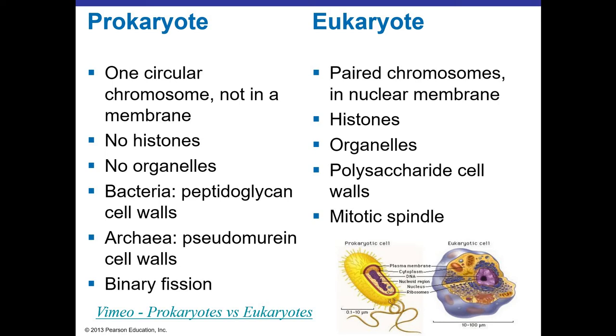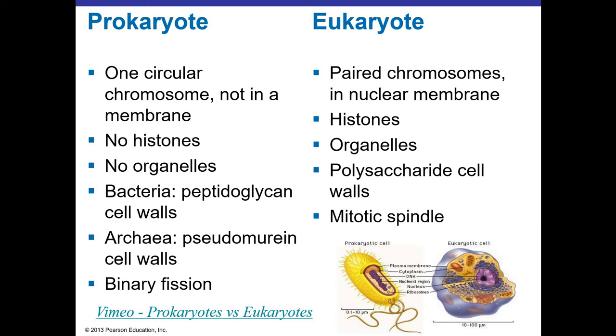Prokaryotes in general have a smaller genome, so they do not have histone proteins that are utilized in eukaryotes to wrap the DNA around and cause it to be more condensed for fitting into a eukaryotic cell, and specifically into the nucleus. So prokaryotes don't need to have those histones, so their DNA kind of looks like a spaghetti mess. But it is just one big circular chromosome.